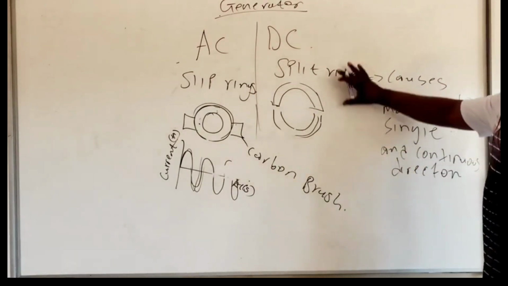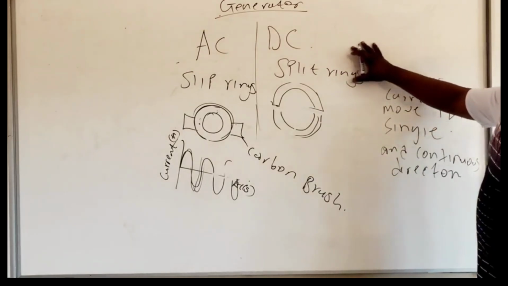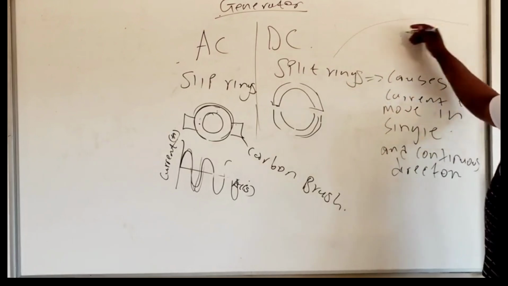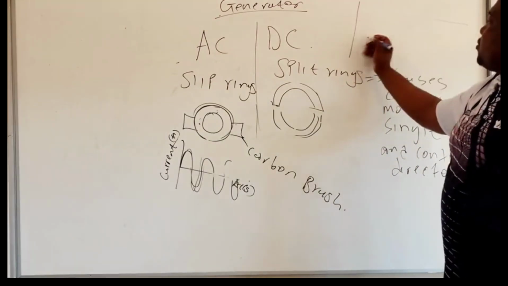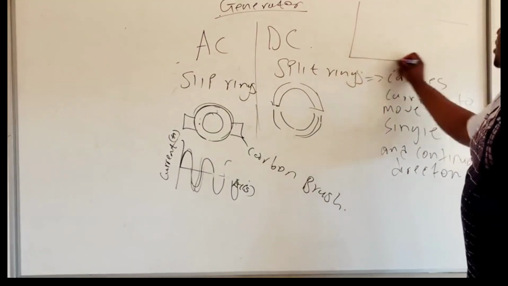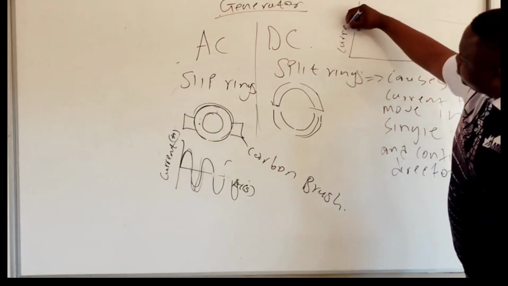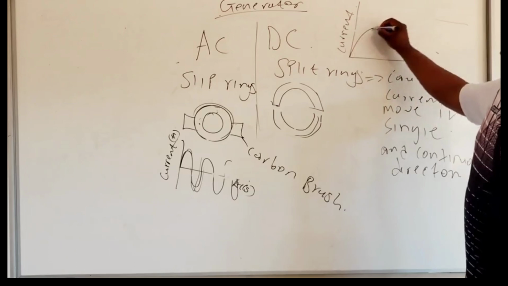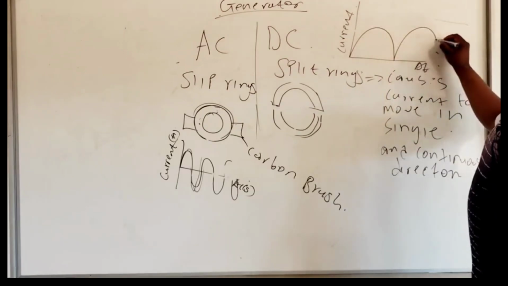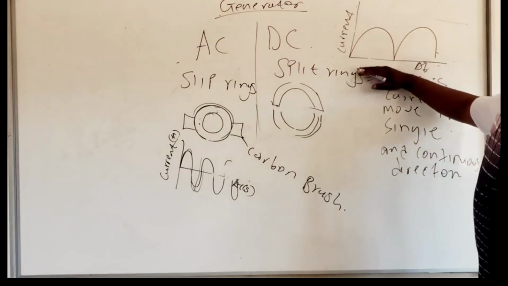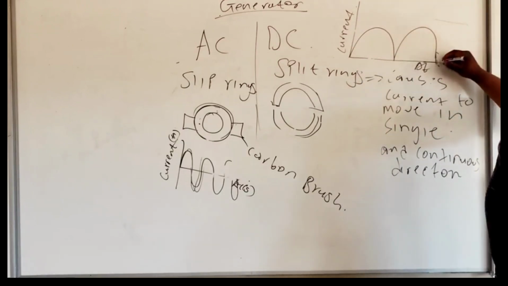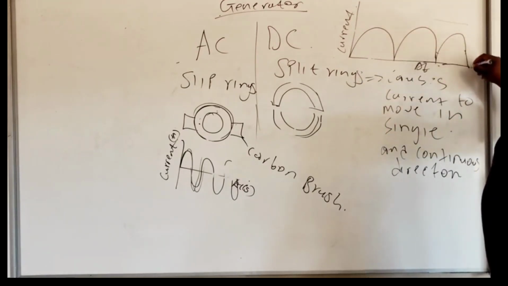It means with the split ring, current is going to move in the same direction. If we're talking about the current, and here we're changing time, the current is going to move like this in the same direction. It is not going to come down as if it's a wave and go up. No, it is going to move in the same direction.